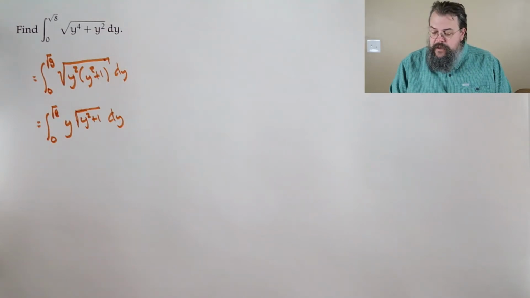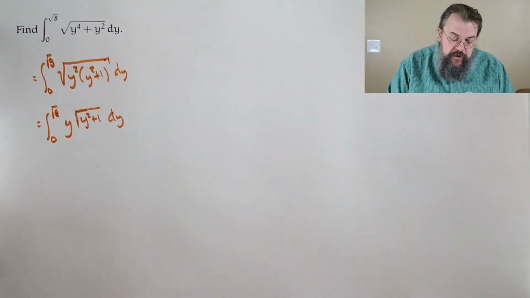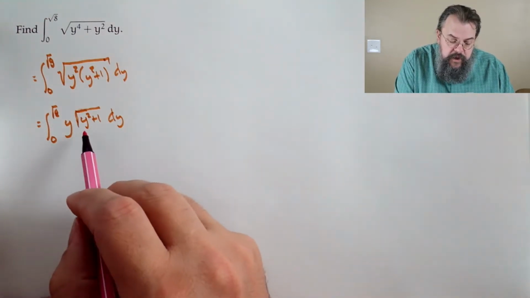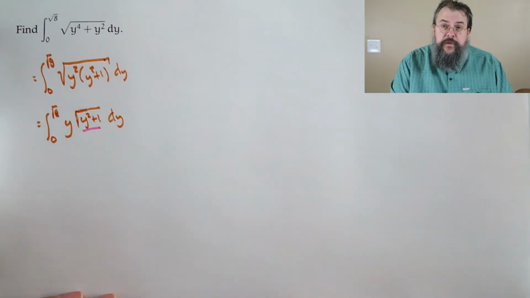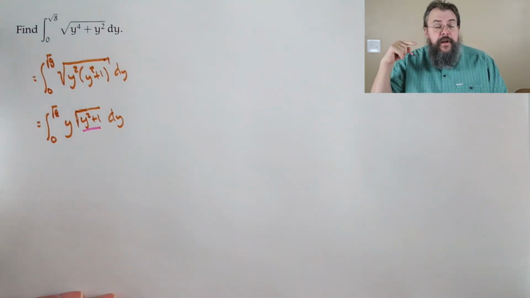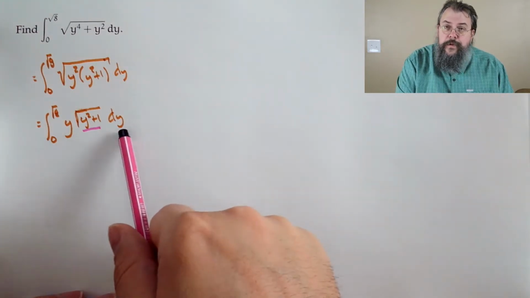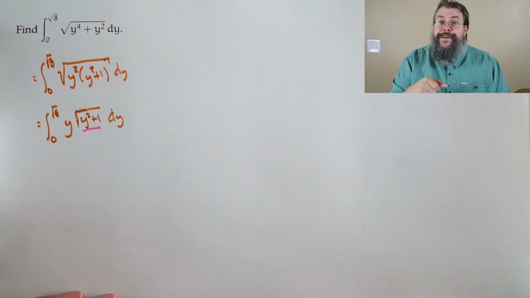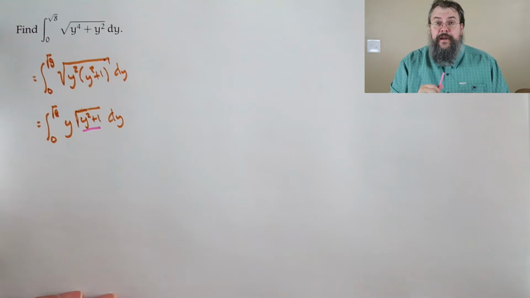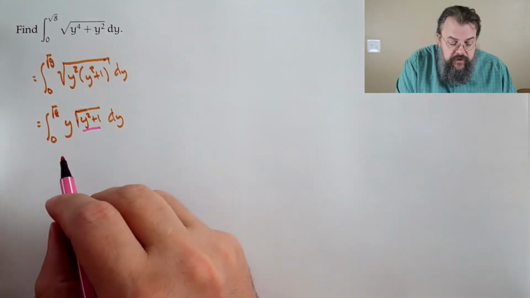If you take a look, say, for example, on the inside, you see y squared plus 1. The derivative of y squared plus 1, you can do that in your head, would be 2y dy. There's a y dy right there. Just normal substitution could actually help us here. So what would happen?